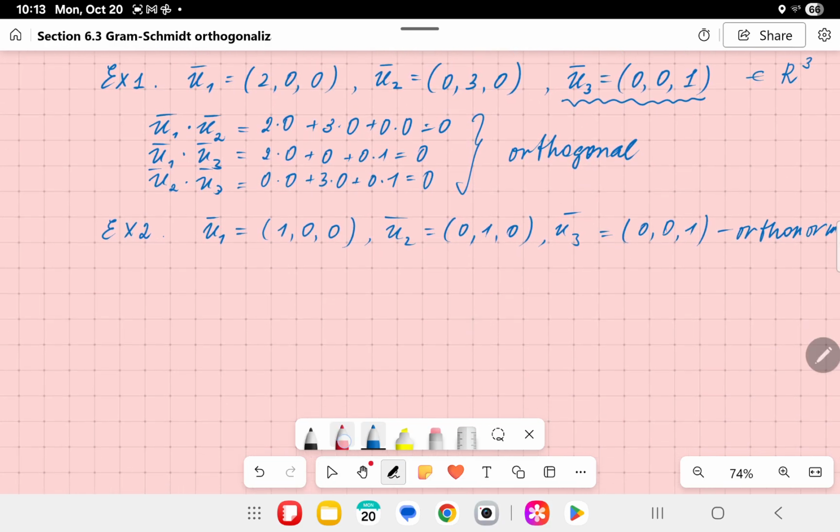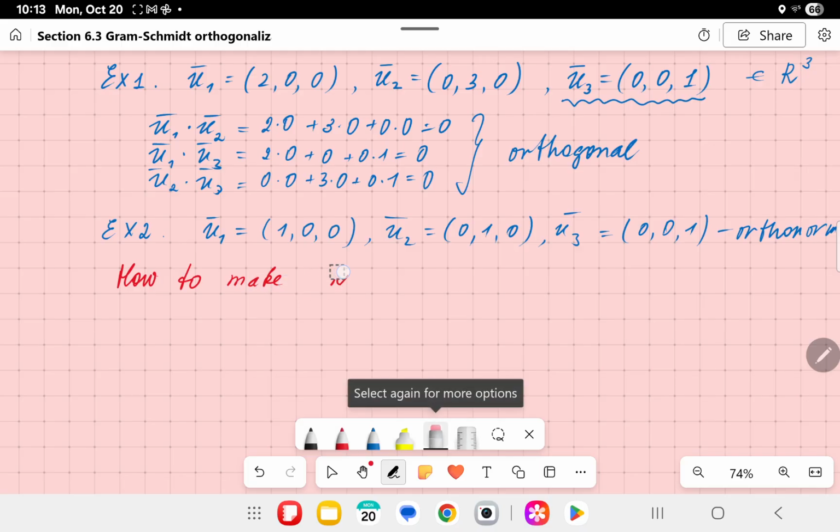So the question is, how to make a unit vector of any vector v, an arbitrary vector v.